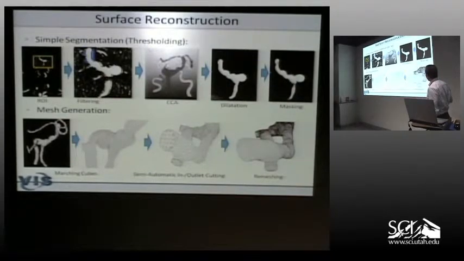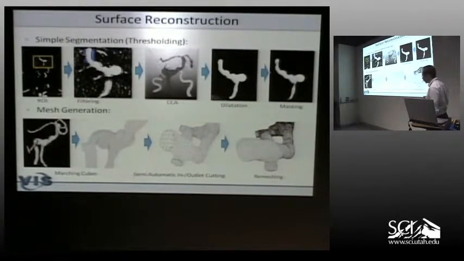We apply a morphologic dilatation in order to increase this a little bit. Then we get a mask which we use to go back to the original data, and then we apply the marching cubes algorithm or a similar algorithm to the original data, which gives quite good triangle nets which we could use for further processing.